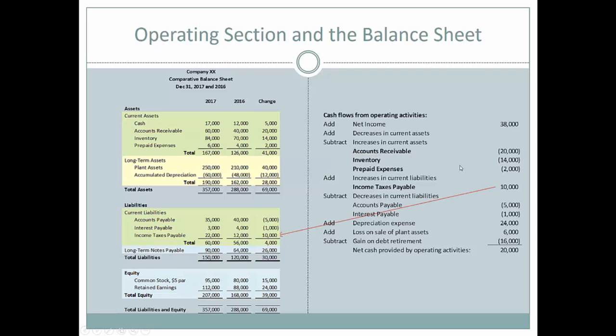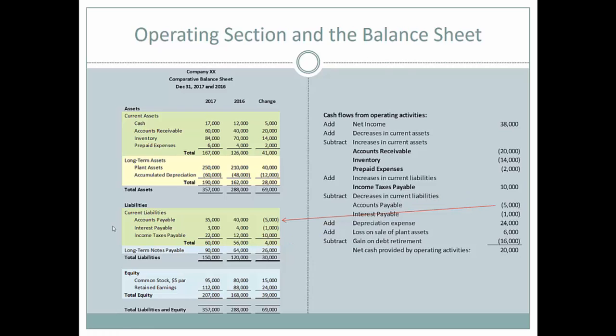Now let's look at current liabilities. Income taxes payable went up, and so that is adding cash back because we're not using cash in order to pay off our income taxes payable. So it's increasing, so it is not using cash, it is adding cash back because we're not paying these bills.